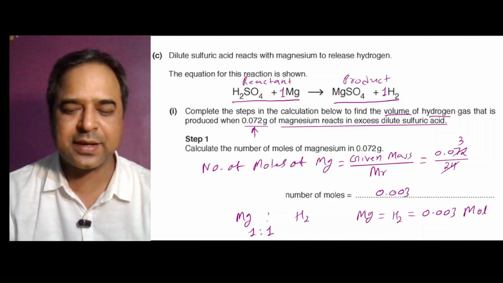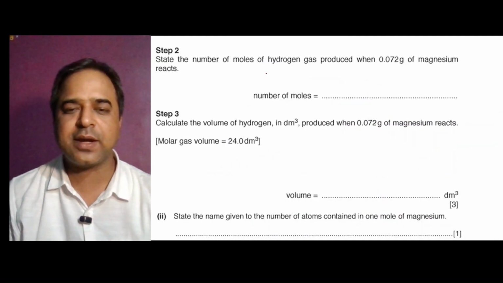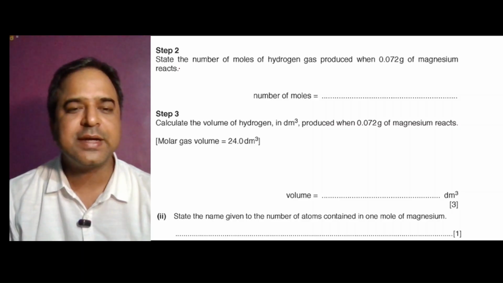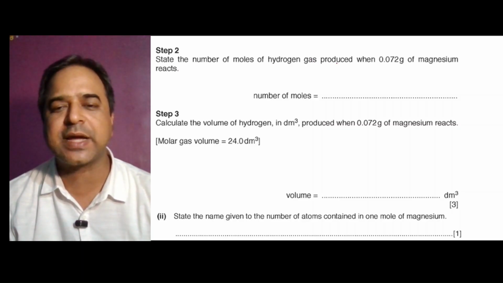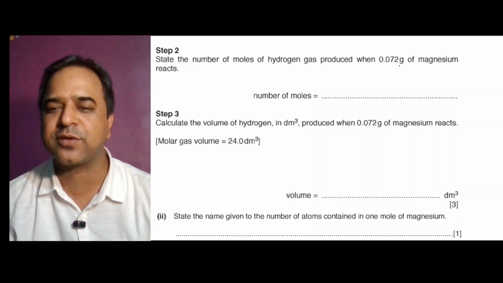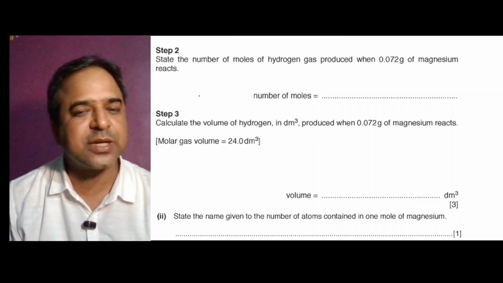So the next step is to calculate the number of moles. Here it says: state the number of moles of hydrogen gas produced when 0.072 gram of magnesium reacts.